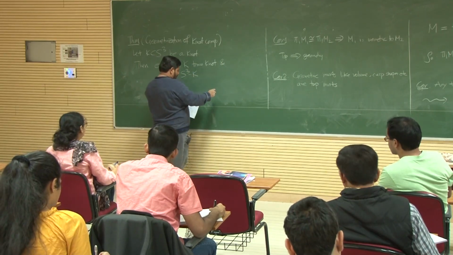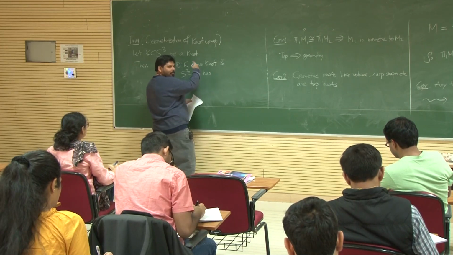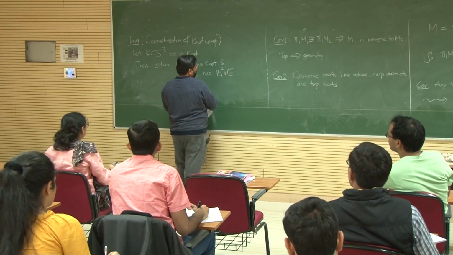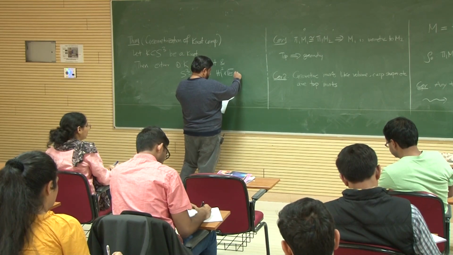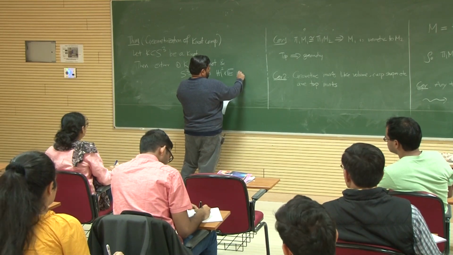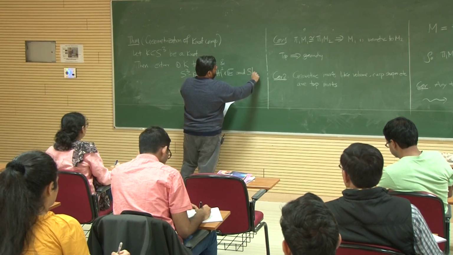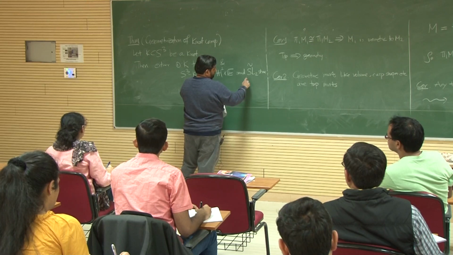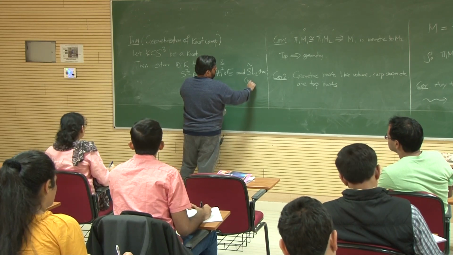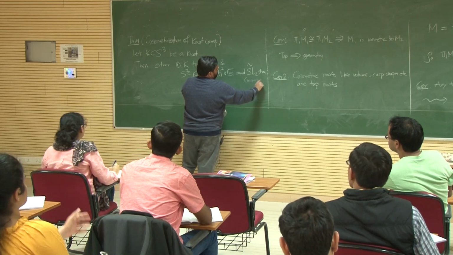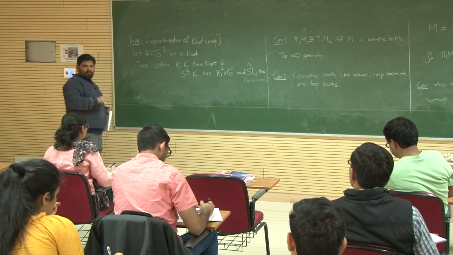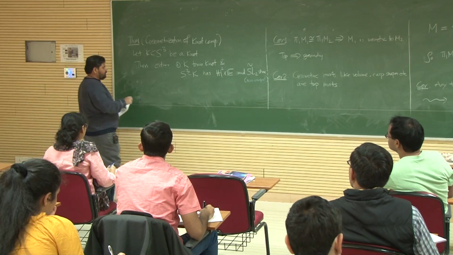S3 minus K, among the geometries which we saw, has an H2 cross E and SL2 tilde structure. So this is non-unique. The geometry is non-unique. This is for non-compact. If you have closed manifolds, the geometry is unique.